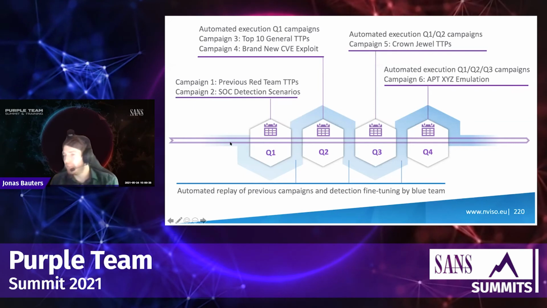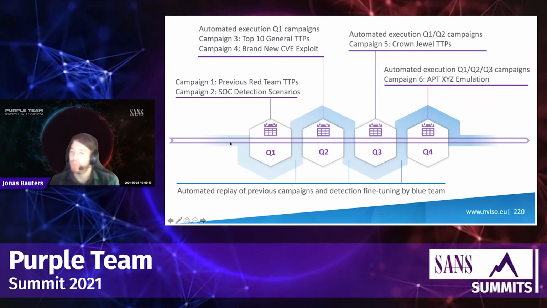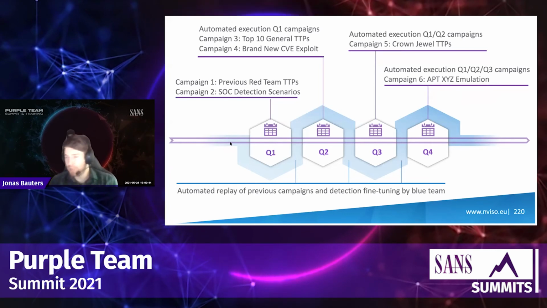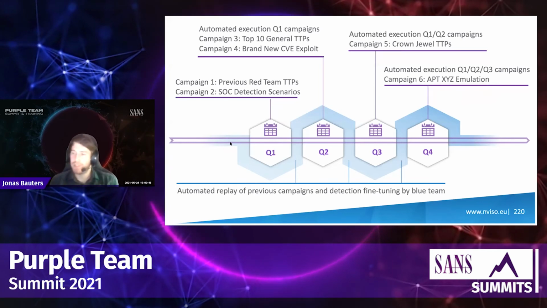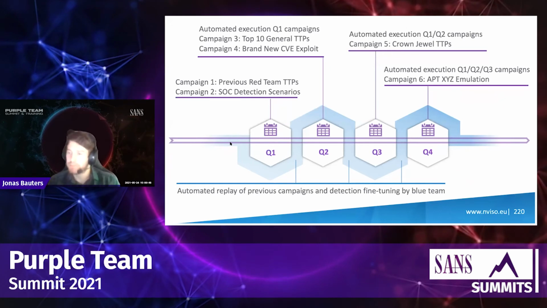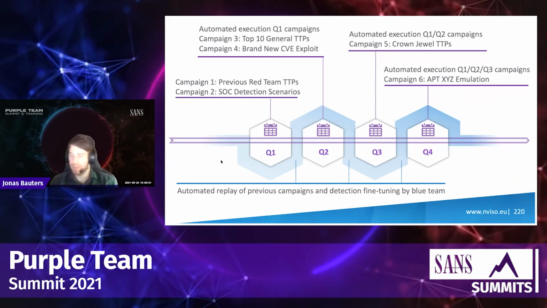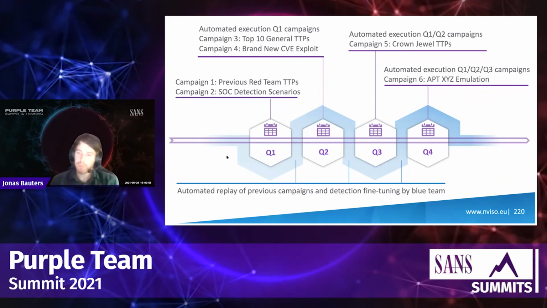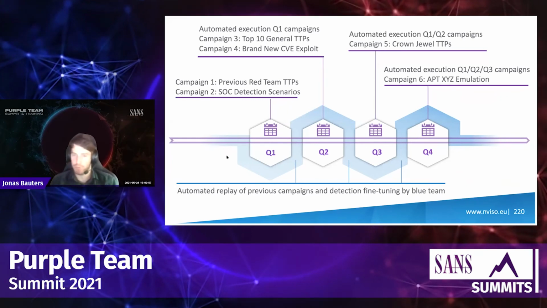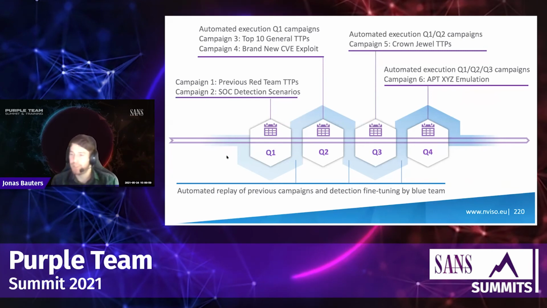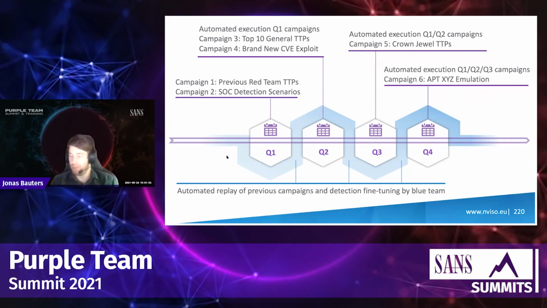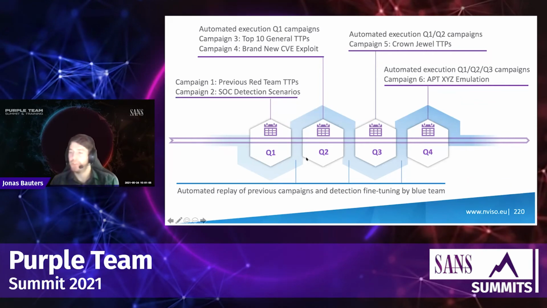So we have come up with this type of approach that combines ad hoc testing or individual exercises, at least, with a continuous aspect as well. And what we do is every quarter execute a number of campaigns manually, and then pour these into some types of replay packages, which can then be executed by the blue team in between those quarterly executions.